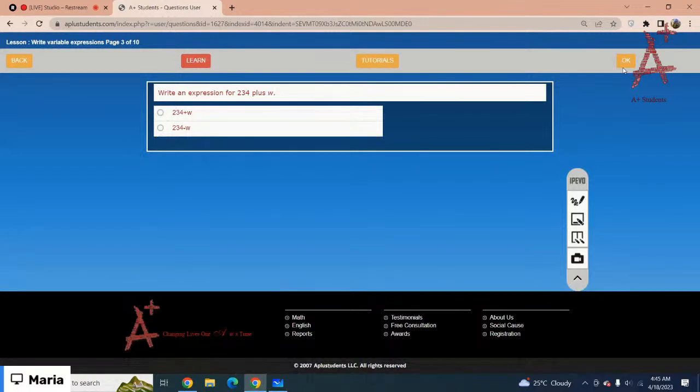Okay, write an expression for 234 plus w. So which is the correct option? Option 1 or option 2?